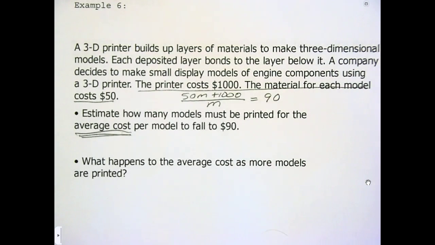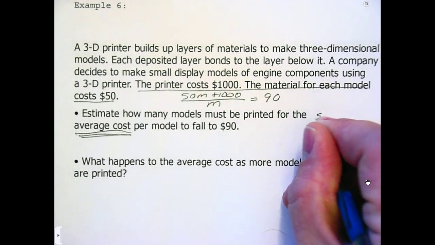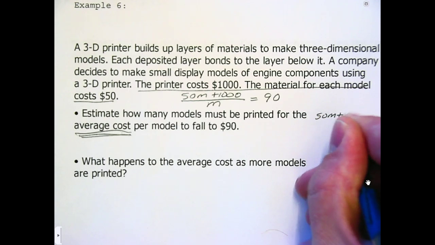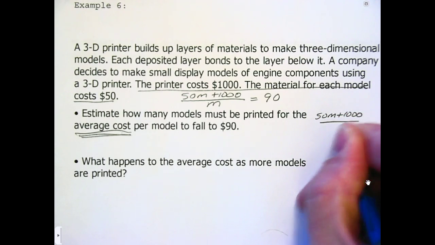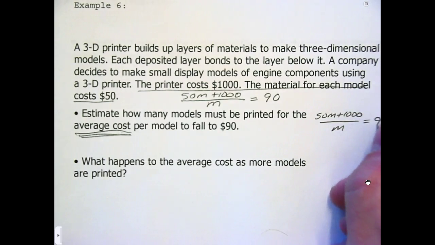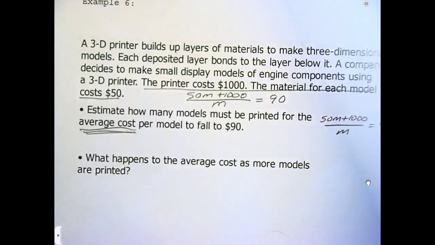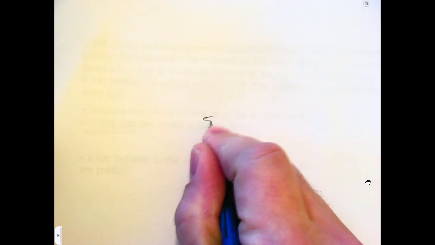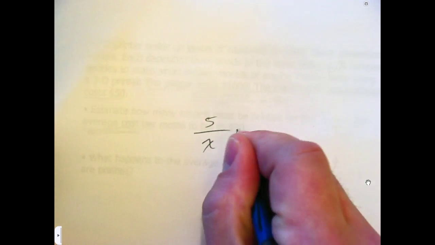From there, it's just like dealing with any other proportion you've ever dealt with. If I was to give you, say, 5 over x equals 3 over 9, what would you do? Cross multiply and divide.